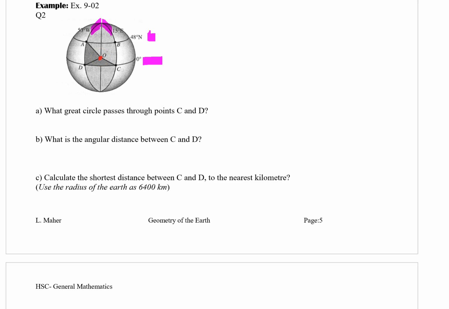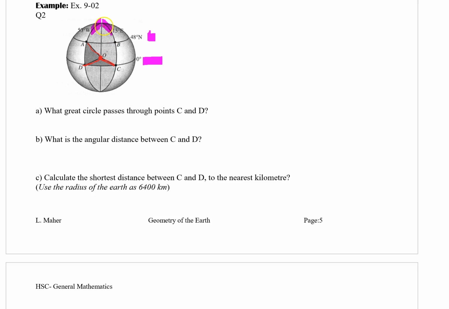Now that becomes really important because that establishes the angles for both latitude and longitude. So from here up creates our angle, and you could see that would be an angle of 48 degrees. And also around on our equator, it's going to help us to establish the size of the angle there.